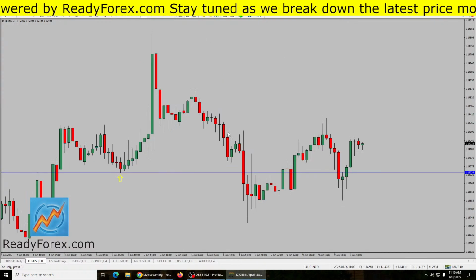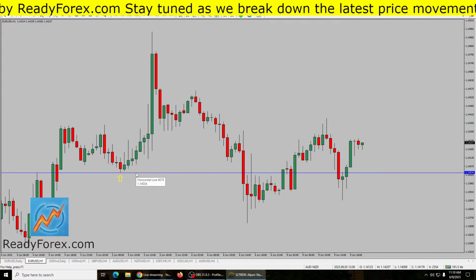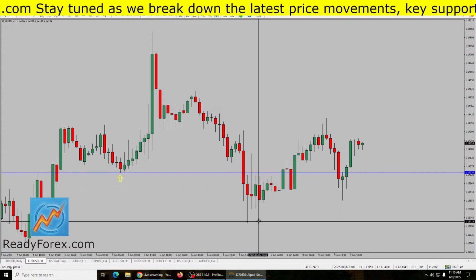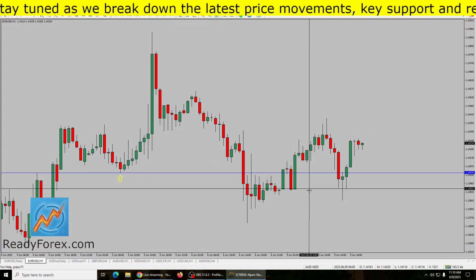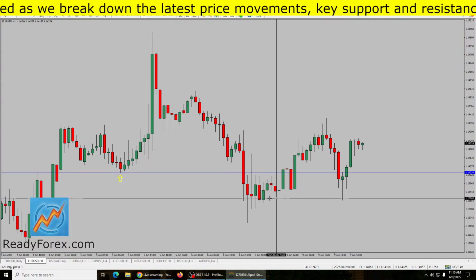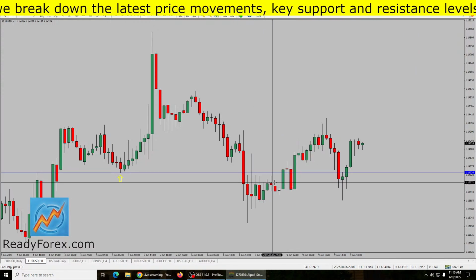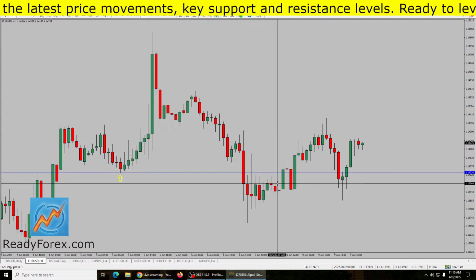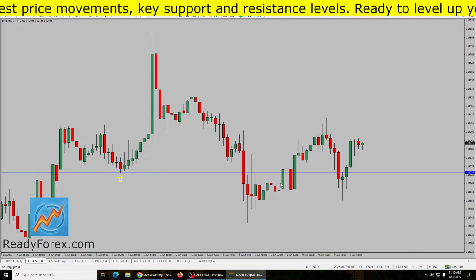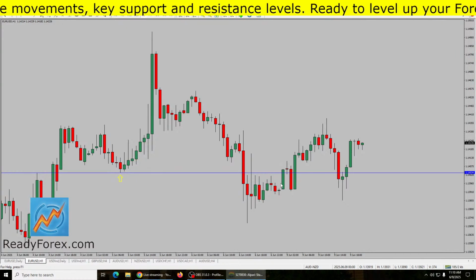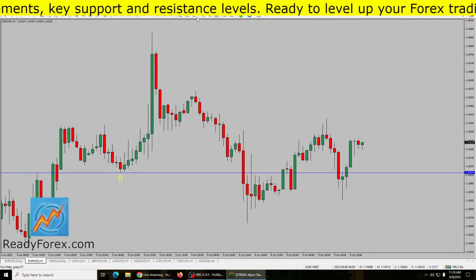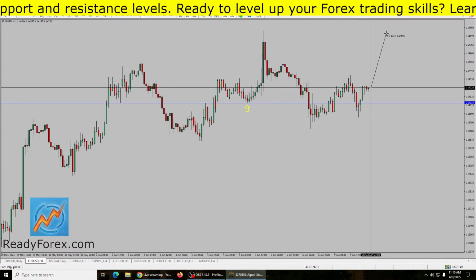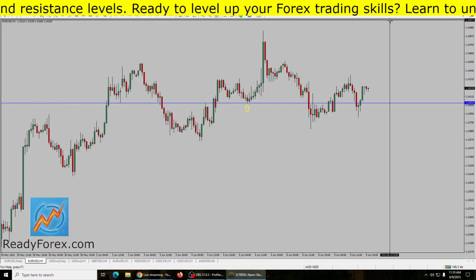This is a simple support, and the market tries to break through this support level, and all of these candlesticks, I think, we are getting basically a head fake or a false break in price action. So it's quite possible that Euro dollar could rise up one more time and then it's going to drop.